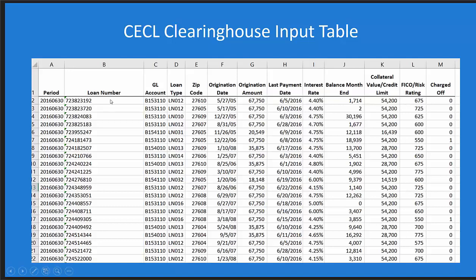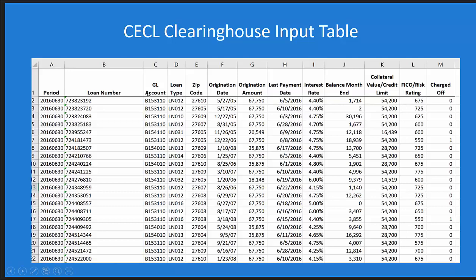In addition to loan number, how does that relate to your general ledger? So this is going to be your general ledger chart of accounts. You could have 10 different loan categories or 4 different loan categories. Doesn't matter to us, but we'll want a GL code so that you'll be able to aggregate the information by GL code.